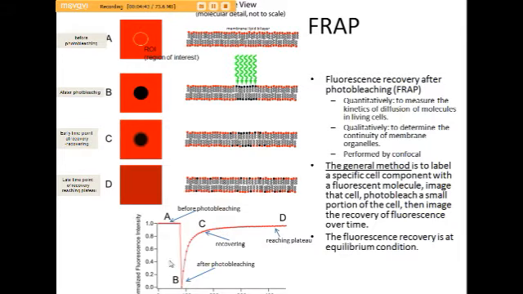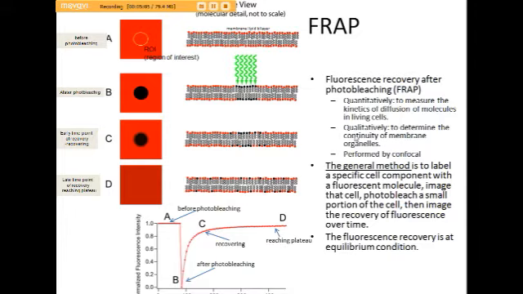This is a recovery curve. This is the plateau. So we can use FRAP to quantitatively measure the kinetics of diffusion of molecules in living cells.